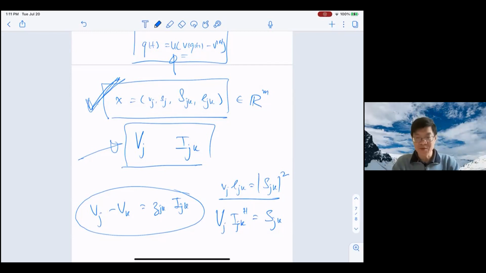I do have lecture notes on this, but they are not in a state that's readable, so I don't have notes that I can put on Canvas. But that tutorial and also the recent book survey by Dan Molzahn and Ian Hiskens also contain a lot of references. It's an excellent survey.